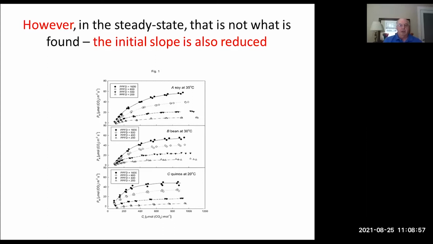And what you see in all those cases for three species at three different temperatures, in every case I've looked at, is that the initial slope of that A/Ci curve is also reduced when PPFD is reduced, which is not the way most people assume things work. So this is what happens in the steady state.